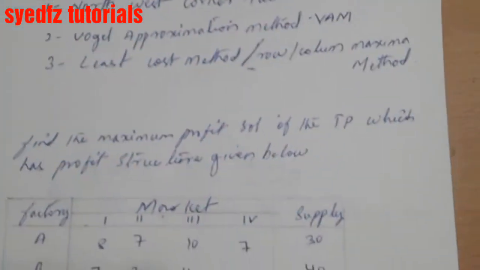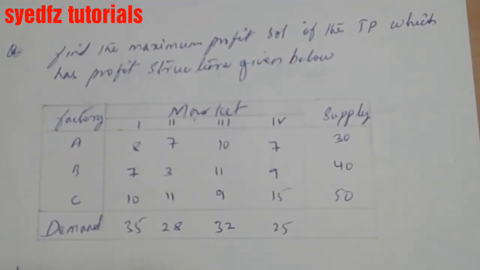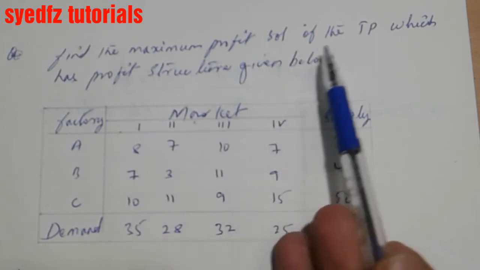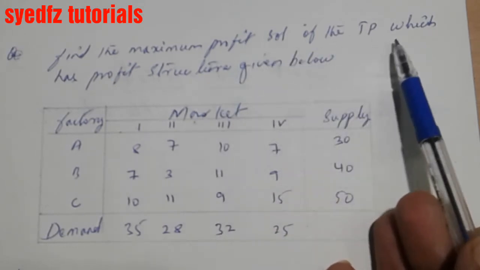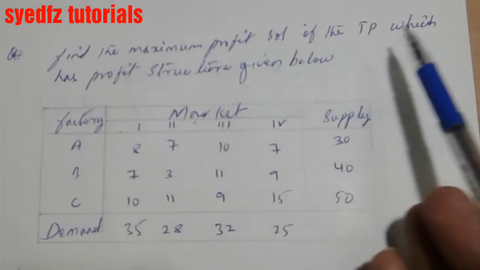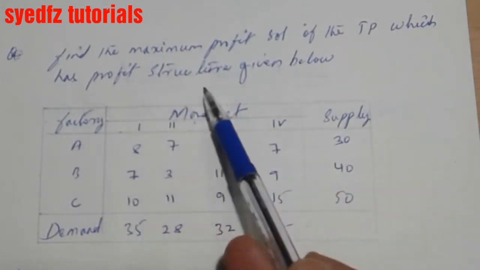Okay, there's a problem here. In this problem it is mentioned: find the maximum profit solution of the transportation problem which has the profit structure given below.